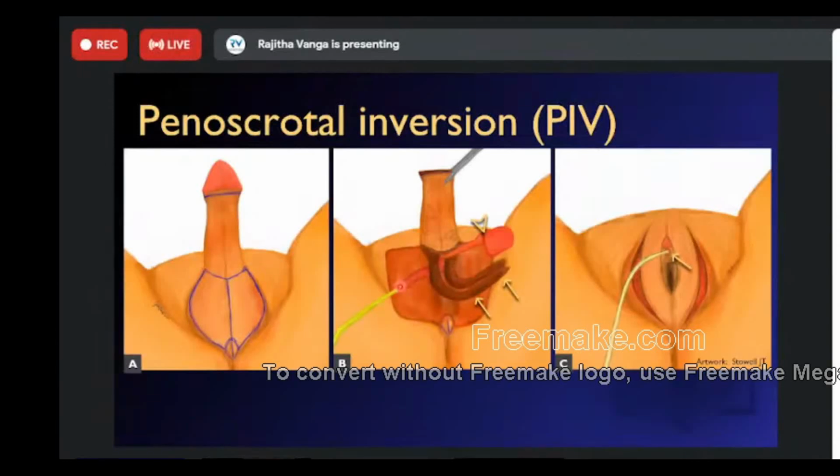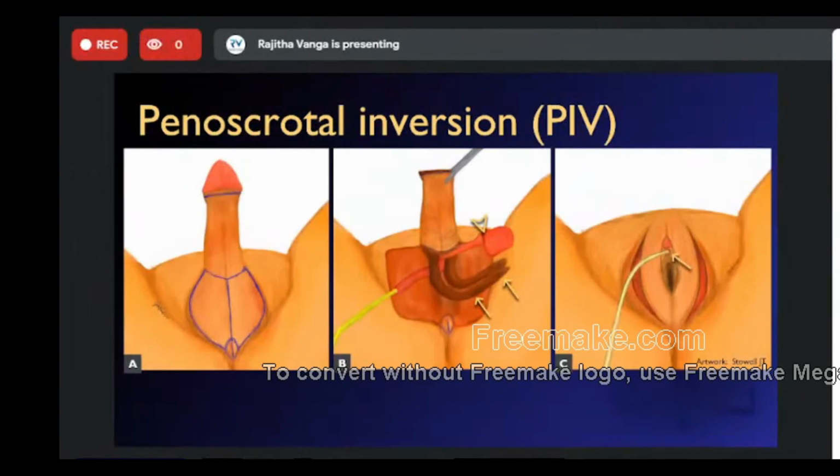The length of the urethra is also reduced, and it is connected to the catheter here, and the glans is also reduced in size, preserving the dorsal neurovascular bundle to create sensation in the neoclitoris. The urethra is shortened and positioned inferior to the neoclitoris.